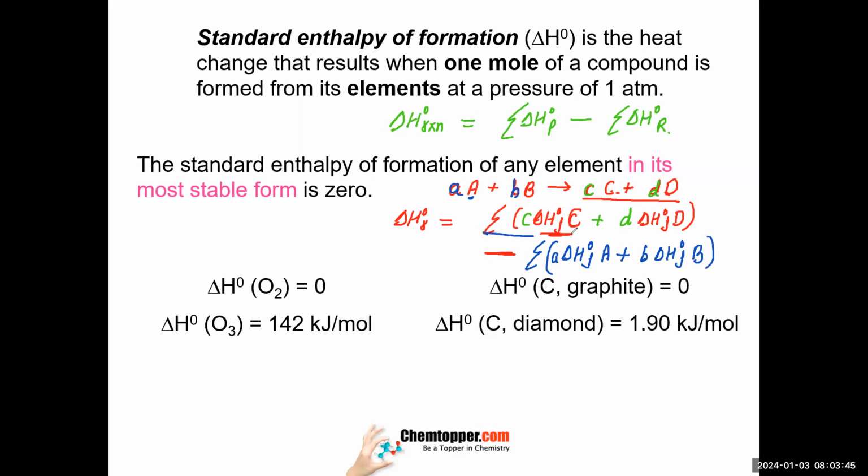So these are the products, the summation of all the enthalpies of formation of the products multiplied by their coefficients, minus the summation of all the enthalpies of formation of the reactants multiplied by their coefficients. Is it okay? Is the equation clear?